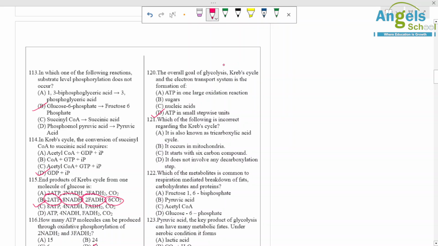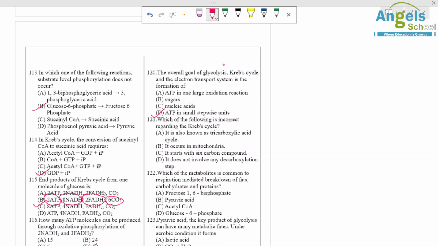Question number 121. Which of the following is incorrect regarding the Krebs cycle? Option A. It is also known as tricarboxylic acid cycle. That is correct. It occurs in mitochondria. It starts with 6 carbon compound, that is glucose. That is also correct.